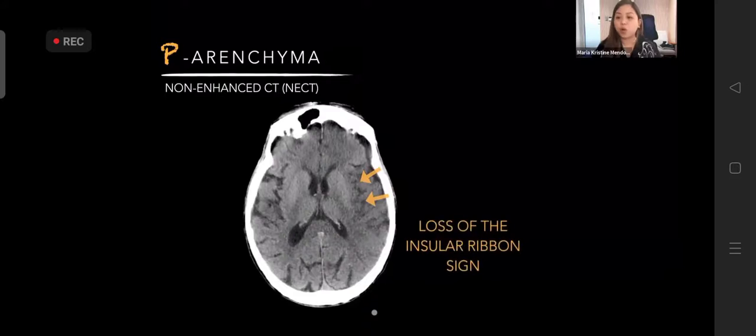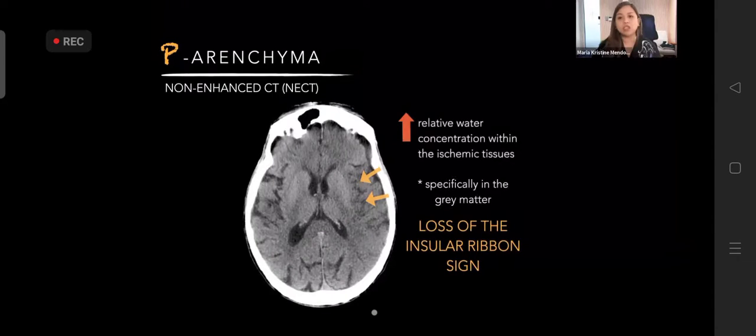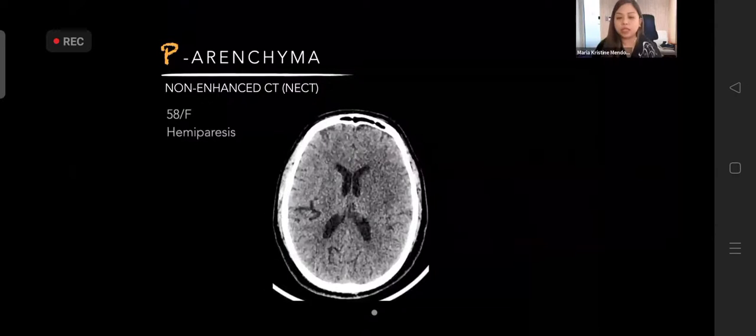And this is one of the early infarct signs, which we call the loss of the insular ribbon sign. This is due to the increase in the relative water concentration within the ischemic tissues that is specifically more marked in the gray matter. This is the reason why there would be obscuration now of the gray and white matter interface.